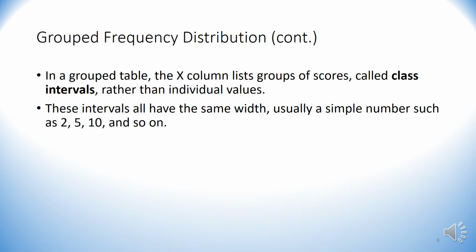These intervals can have the same width or unequal width. That means we can have class intervals like 0 to 2, 2 to 4, 4 to 6, like that. The width of a class is upper limit minus lower limit, that means 2 minus 0, 4 minus 2, like that. So when making a frequency distribution, the class intervals can have the same width or different widths.